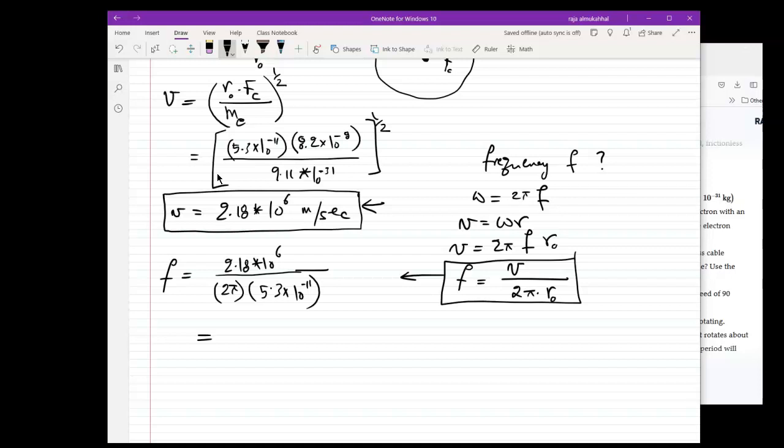So let's do it. 2.18 E6 divided by 2, divided by 3.14, and divided by 5.3 E negative 11. My answer is 6.85 times 10 to the power of 15 revolutions per second, or hertz, if you will. You see what I'm saying?